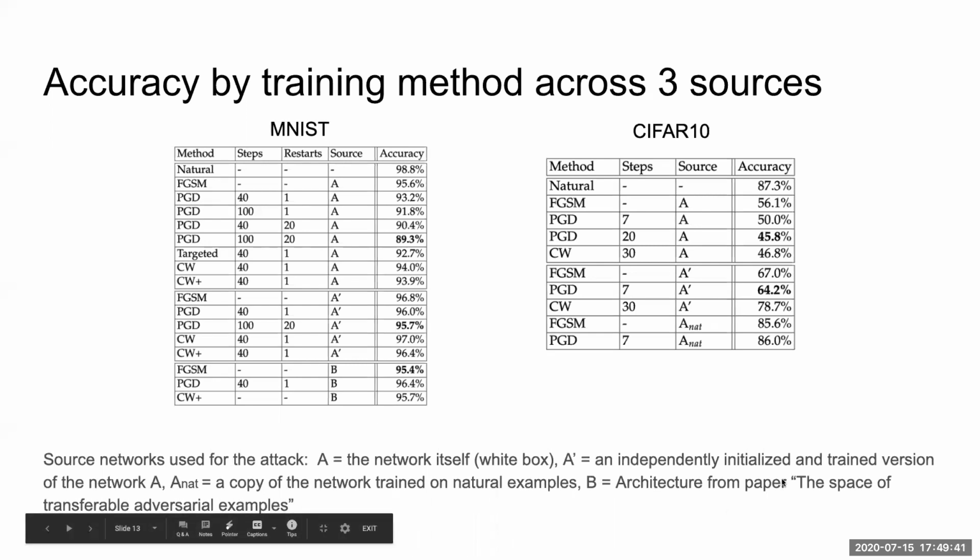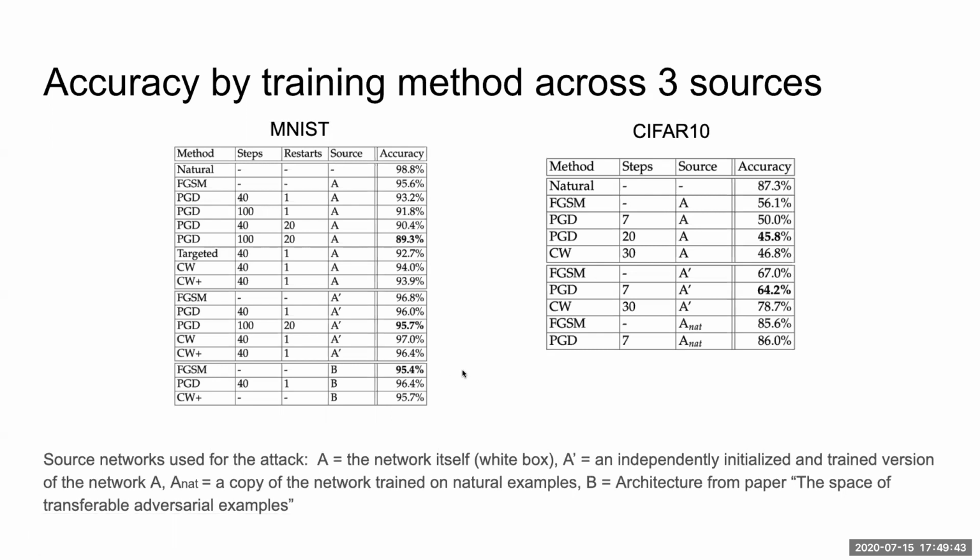They tested the best one of those, and again, even using that as the source, accuracy remains pretty high. Throughout this, the authors acknowledge that accuracy is higher on the MNIST data set than CIFAR for this experiment and for most of the other experiments.